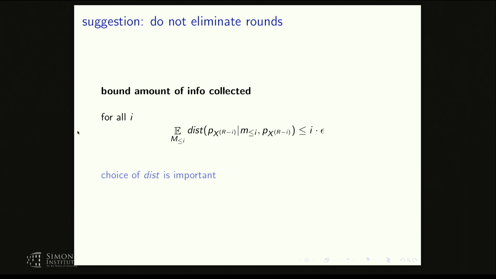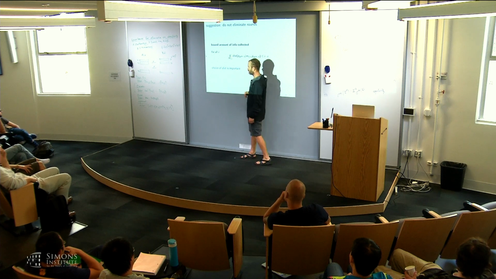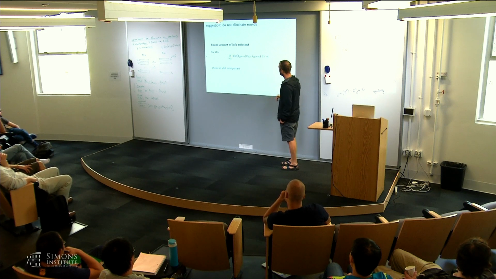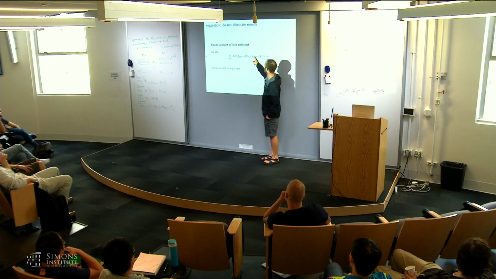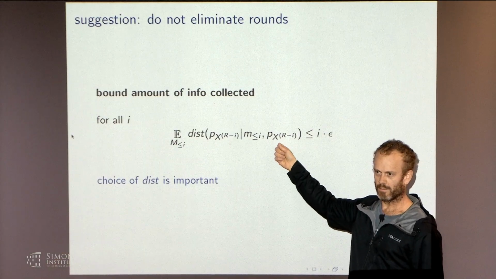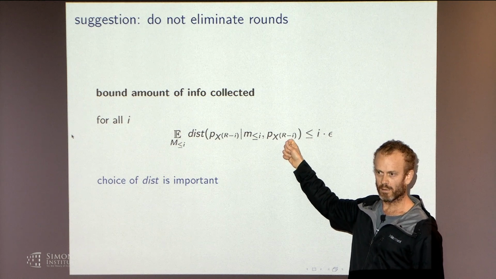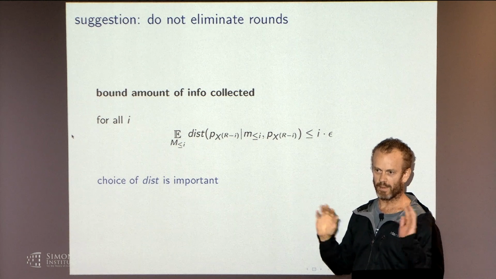Instead of eliminating rounds, do something slightly different. Show that when you communicated for I rounds, some messages M were sent in these I rounds. Some data was collected in these I rounds. And look at the distribution of the variable that comes from the R minus I construction without any knowledge of anything.